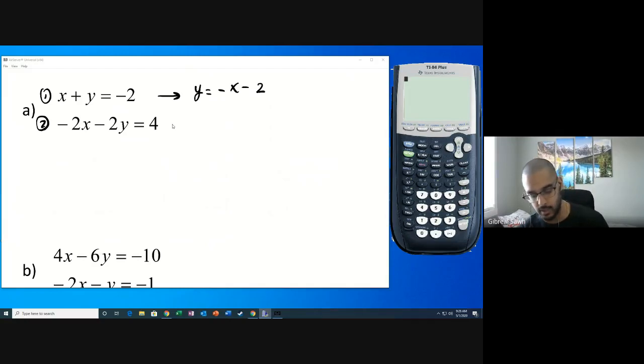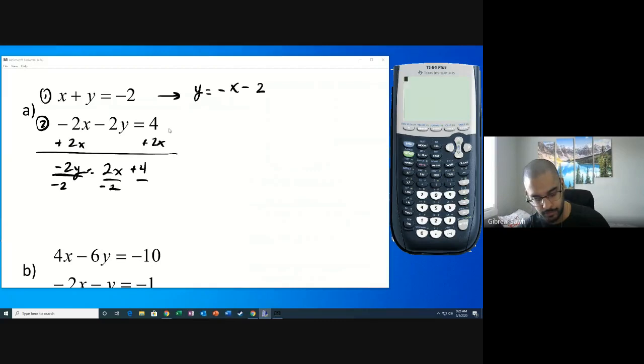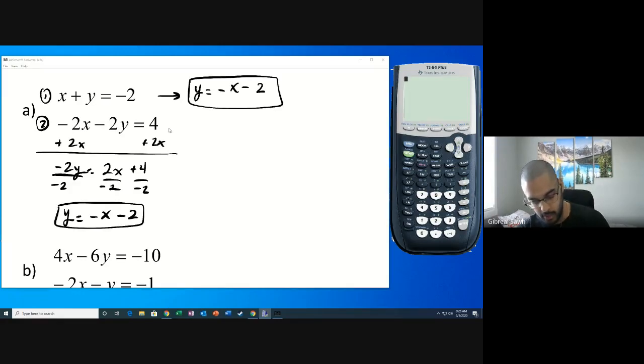For the one underneath, might be a little bit more work. So we'll change that one to, let's add 2 x's to both sides. So negative 2y equals 2x plus 4. Divide everything by negative 2. And that means that y equals negative x minus 2. Okay. So my lines are identical.